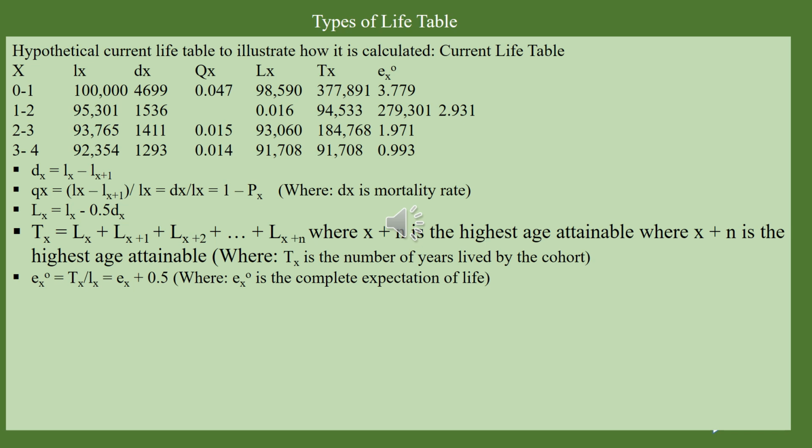L here with the capital L is simply representing the number of years lived in the aggregate by the cohort.